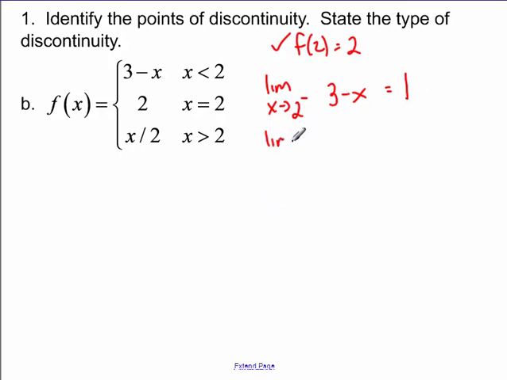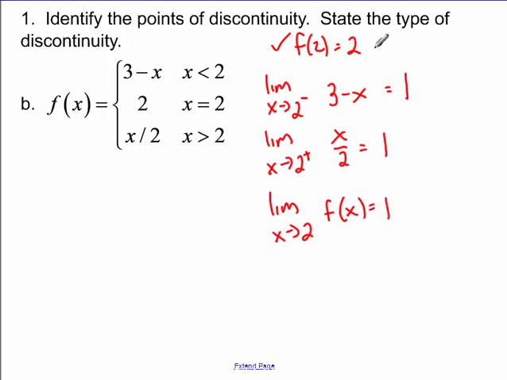And then the limit as x goes to 2 from numbers a little bit more is this function. When I plug in 2, I get 1. So our limit is equal to 1, but our function value is something different, so that is a removable discontinuity.